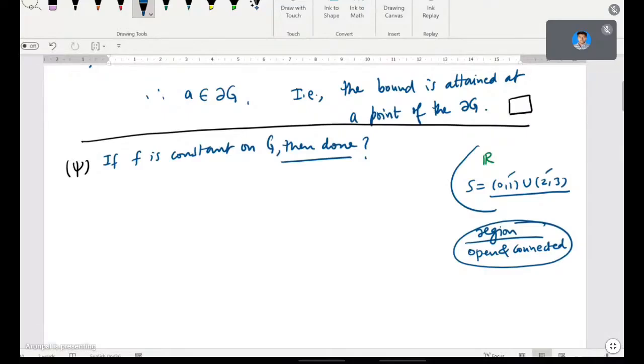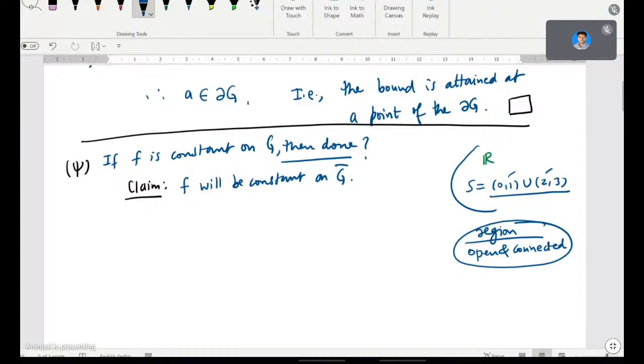So now I am going to explain this. If f is constant on G, then done. How? So if f is constant on G, I am going to claim that f will be constant on G bar. And once I show you that f will be constant on G bar, it means, class, what?